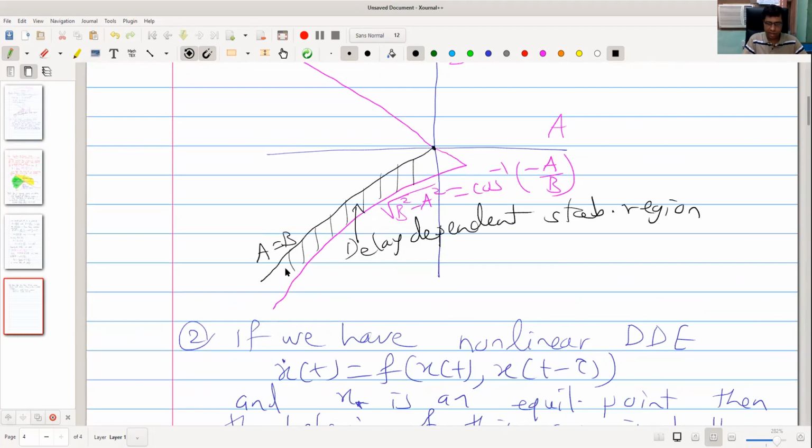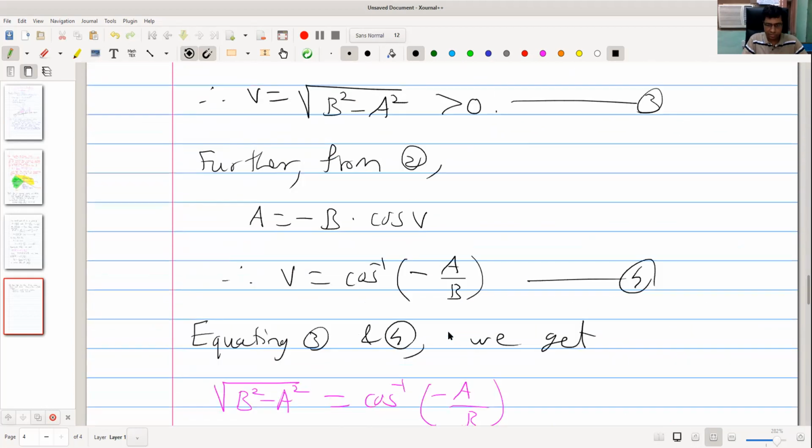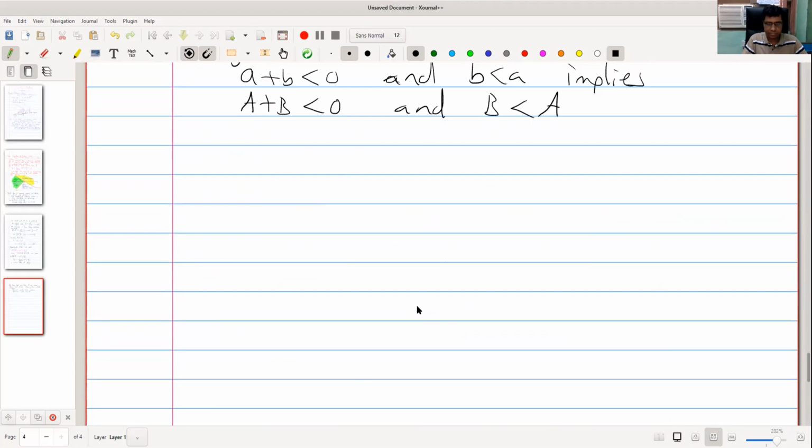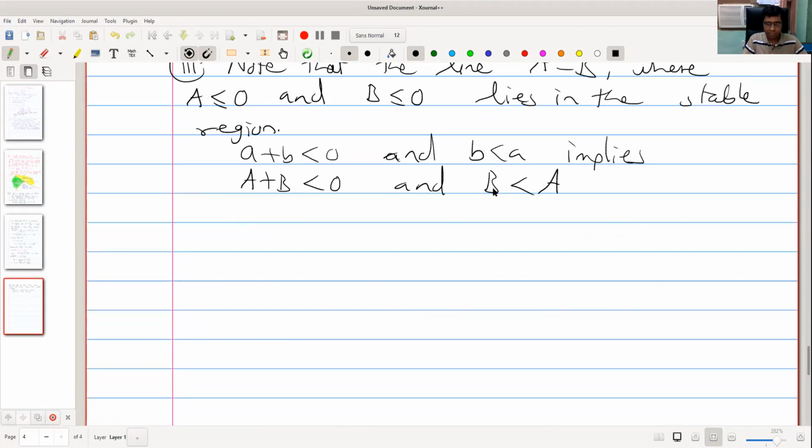So this is that reason. Capital A plus B is less than 0 means capital A is less than minus B, and capital B is less than A. So the region in between: A less than minus B and B less than A.